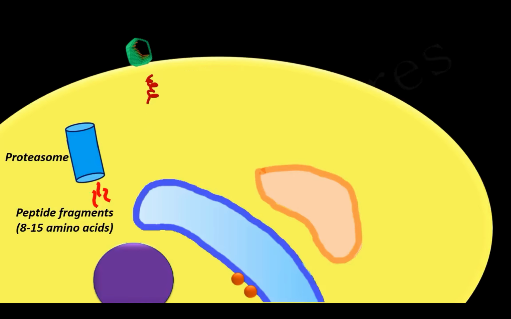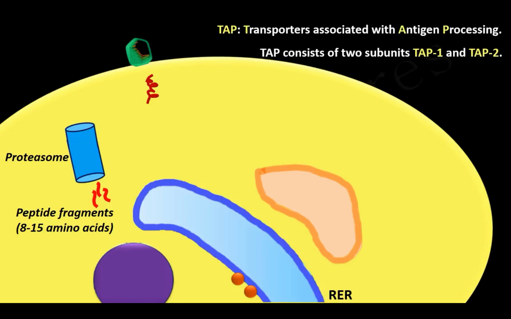In the next step, these peptides are transported to the rough endoplasmic reticulum. This transportation occurs through a pore formed by a protein, known as transporters associated with antigen processing, abbreviated as TAP. TAP consists of two subunits, TAP1 and TAP2.